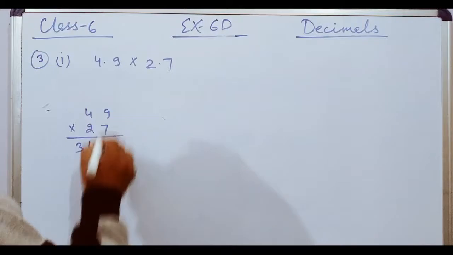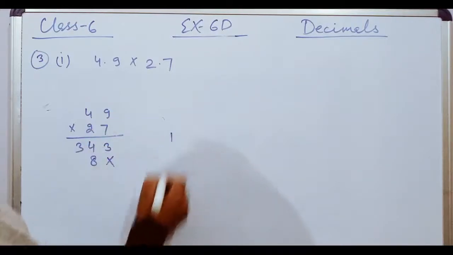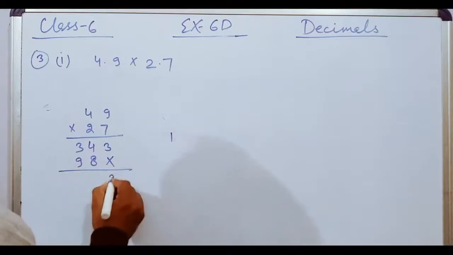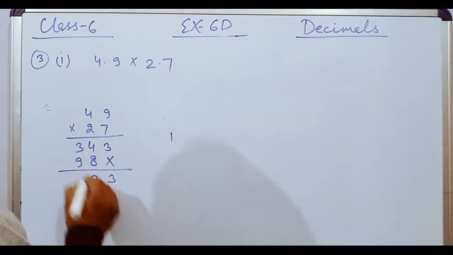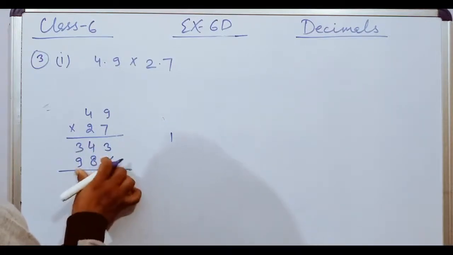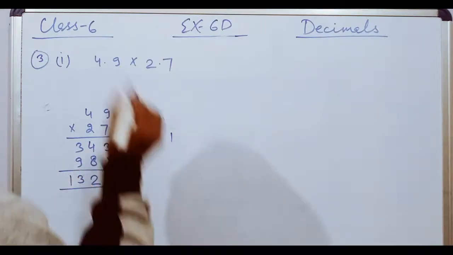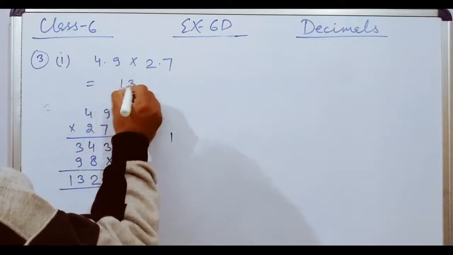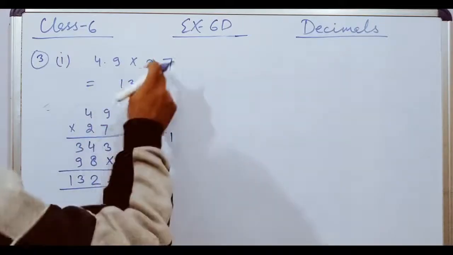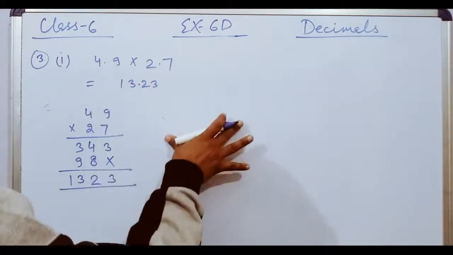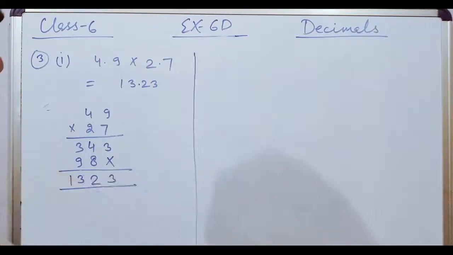Now 2 nines are 18, carry 1. 2 fours are 8, 1 is 9. 3, 4, 8, 12. It is 13. Okay, so we will write this 13.23. After 2 digits on the left side we will put the decimal. This is the answer. Okay, dear students.